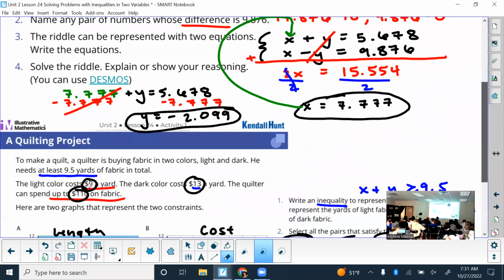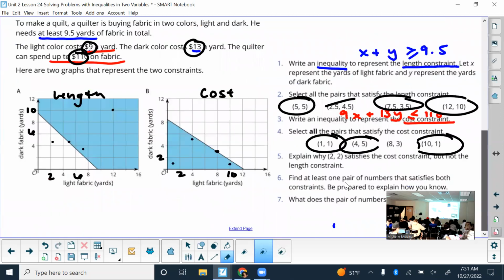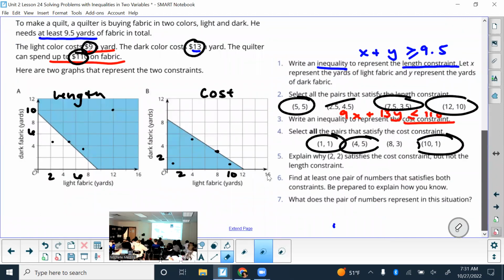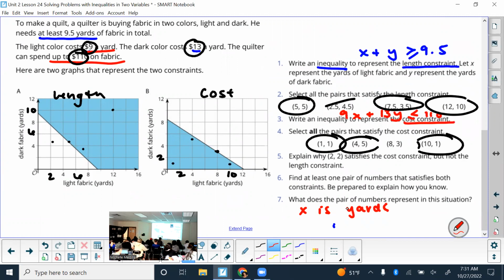All right. So then I think we can move on from number 6. What does the pair of numbers represent? So what does X represent? Good. So the X is the yards of light fabric. And Y is the yards of dark fabric.